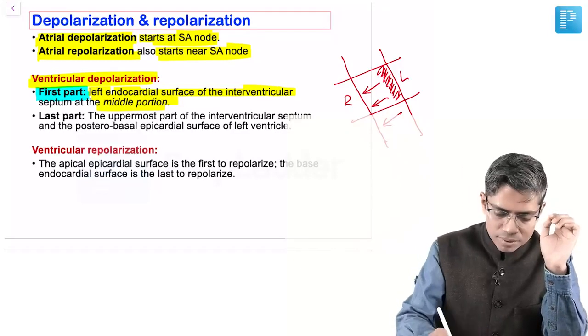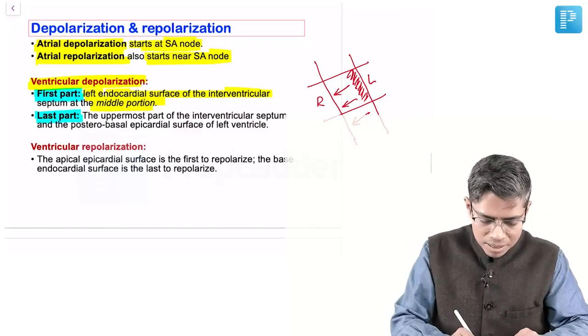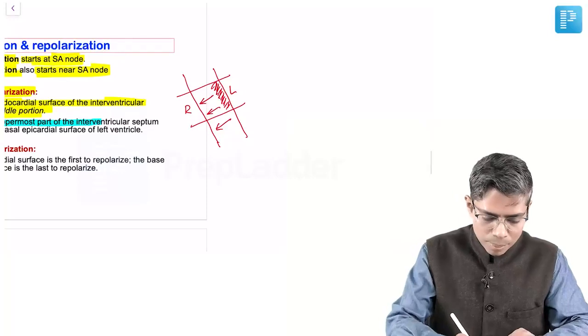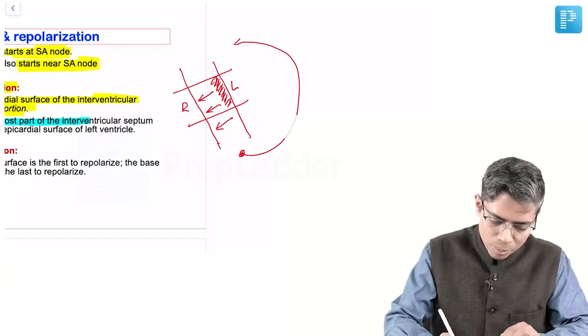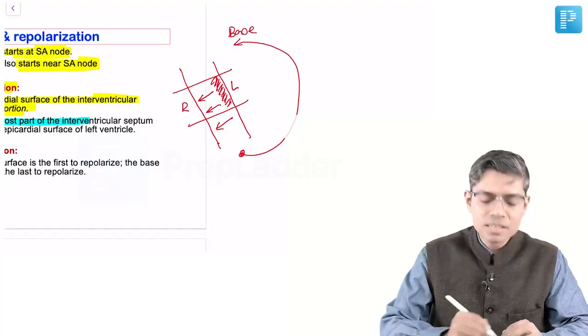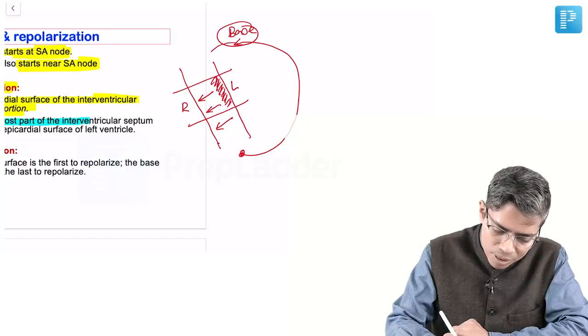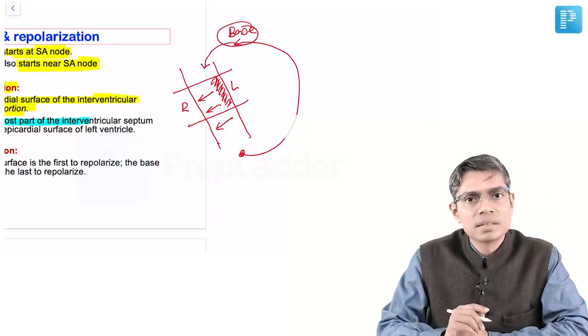And the last part of the ventricle to be depolarized is the uppermost part of the interventricular septum. Look at here, very important. So I told you that impulses travel from this apex towards the base. So obviously base will be the last part to be depolarized, but not only the base, this impulses has to depolarize this septum which was not depolarized earlier, right?